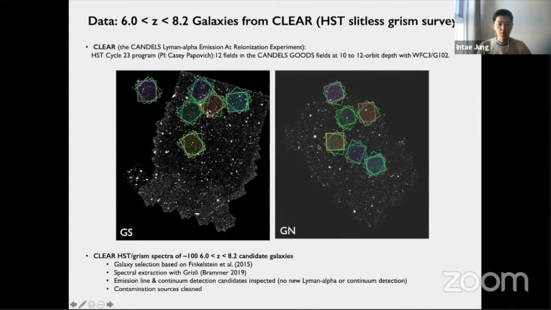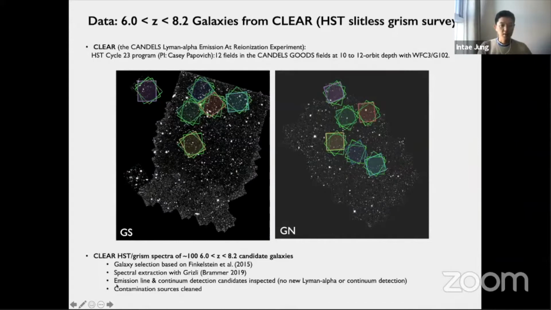In short, we extract the CLEAR grism spectra of around 100 redshift 6 to 8 candidate galaxies from this dataset. The photometric galaxy selection is based on Finkelstein et al. 2015, and the spectral extraction was done with Grizli.